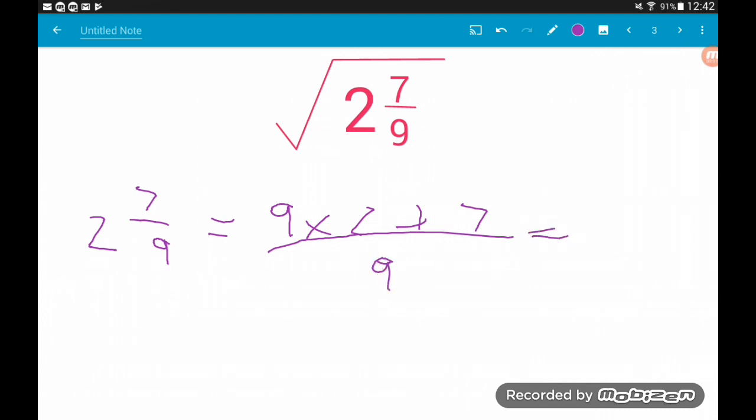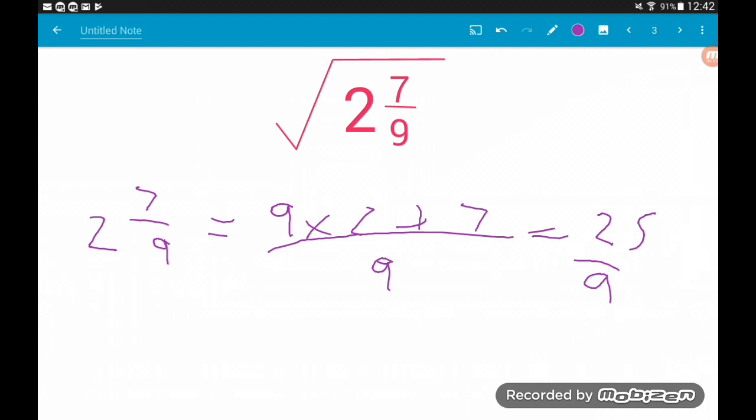So 9 times 2 is 18, add 7, on top gives us 25, and then on the bottom we've still got the 9. So the mixed number there has now been broken down to 25 over 9.